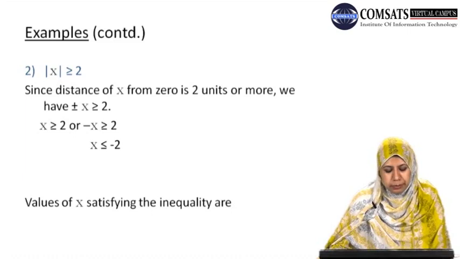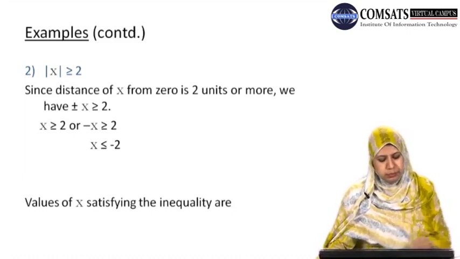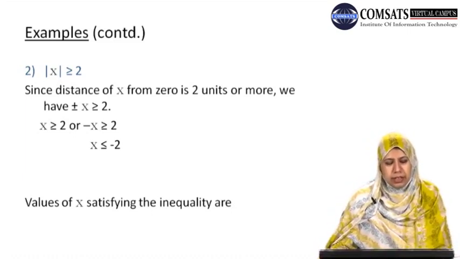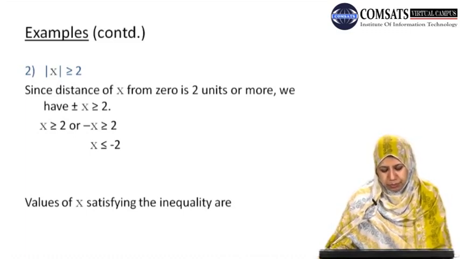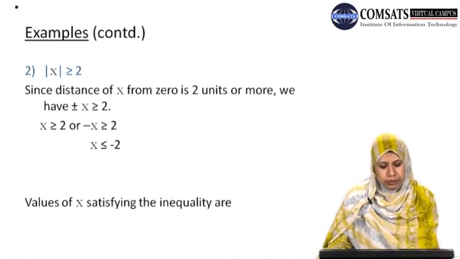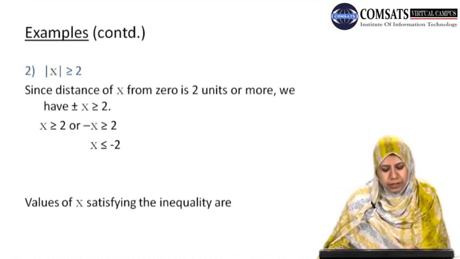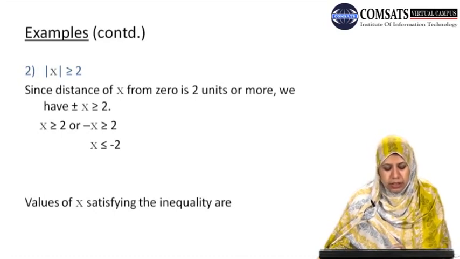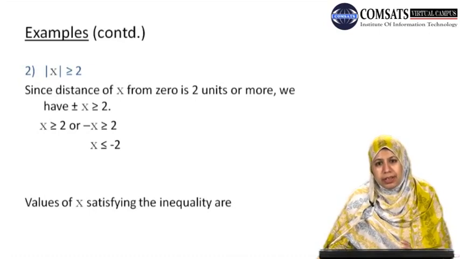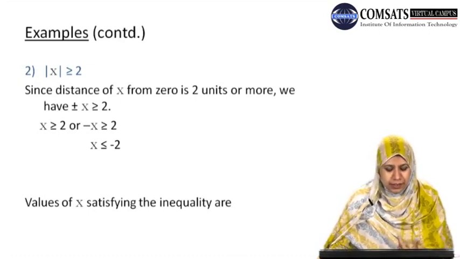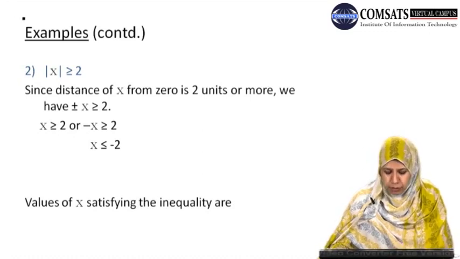From this we obtain two possibilities: either x is greater than or equal to 2, or minus x is greater than or equal to 2. To solve the second possibility, we multiply by minus 1 on both sides, and as we have seen in our last lecture, when we multiply an inequality by a negative number it reverses its sense, so we obtain x is less than or equal to minus 2.